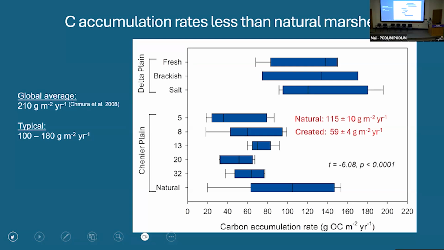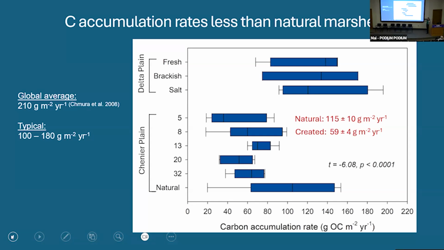But on average, the natural marshes have carbon accumulation rates of 115 grams per meter squared per year, which is within the range of what is typical, but it's on the low end of the range. But most importantly, what we're finding is that the created marshes, even ones right next to this natural marsh, are accumulating carbon at rates that are about 50% of that which is natural.